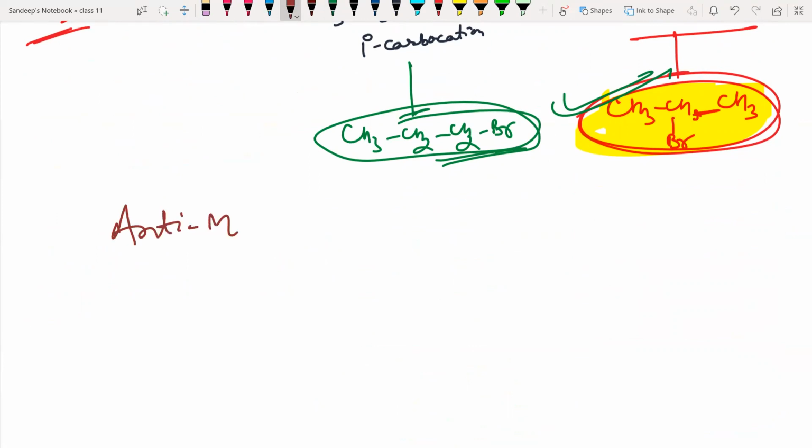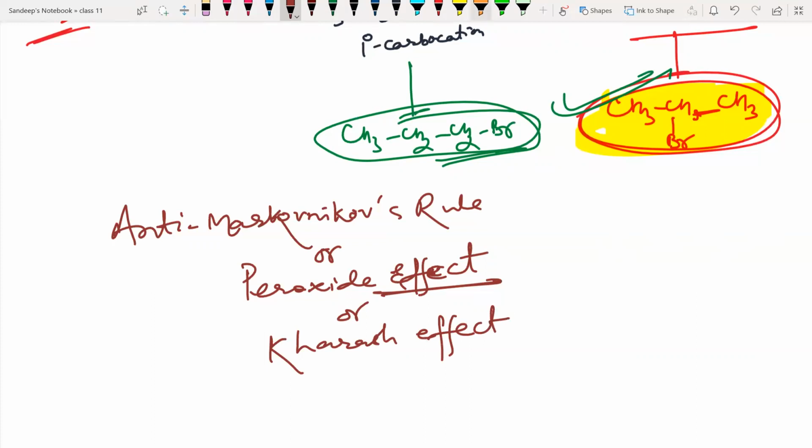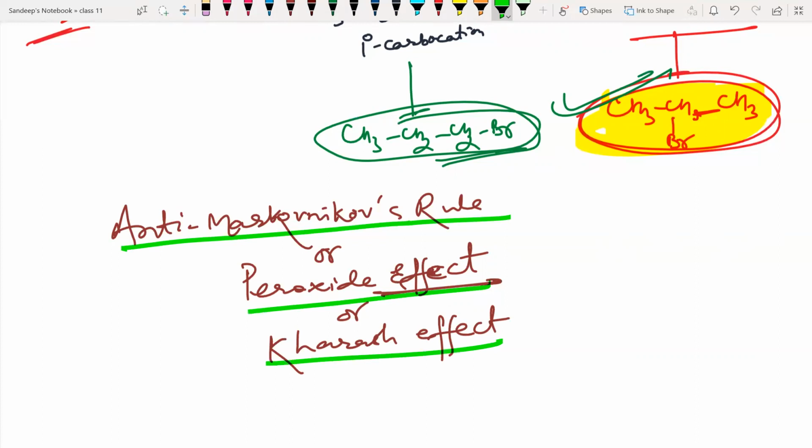Discuss anti-Markovnikov's rule. Also called peroxide effect, because this reaction happens in presence of peroxide, and this is a free radical reaction, or Kharasch effect. Presence of a peroxide is mandatory.